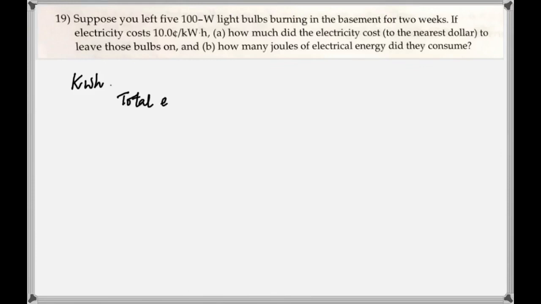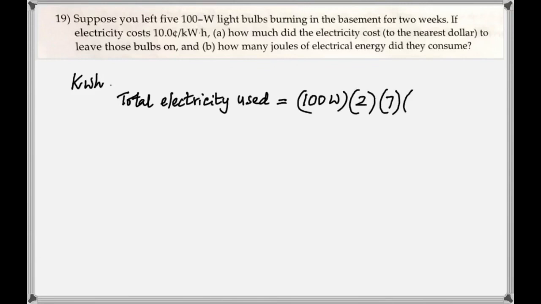Kilowatt hour, okay? Total electricity used is 100 watts times 2, because it's 2 weeks, times 7 times 24. That gives watt hours, because that's the total number of hours.